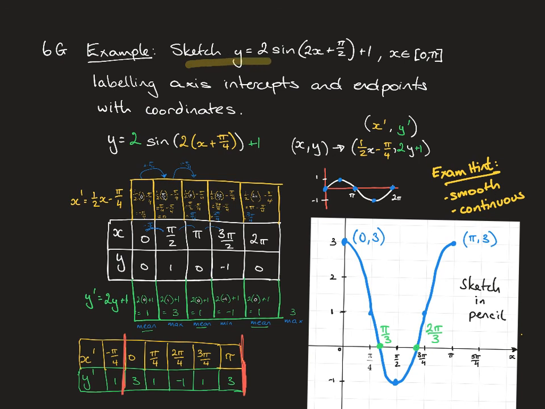So I've sketched the graph, yes, over a domain of 0 to π. I've labelled my x-axis intercepts, yeah, and my endpoints with coordinates. Oops, I have to go back and turn my x-intercepts into coordinates.